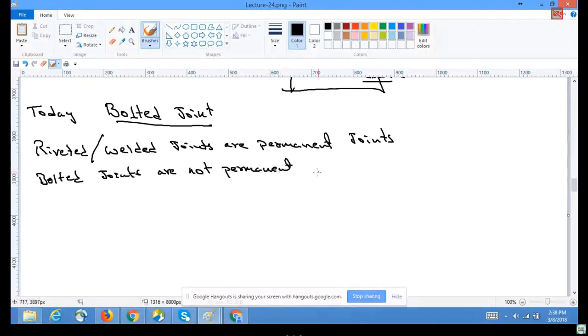In case some bolt is damaged you can replace it, so that gives much more flexibility as well as ease for maintenance. So that is when it comes to the bolted joint, the bolt is something like this.